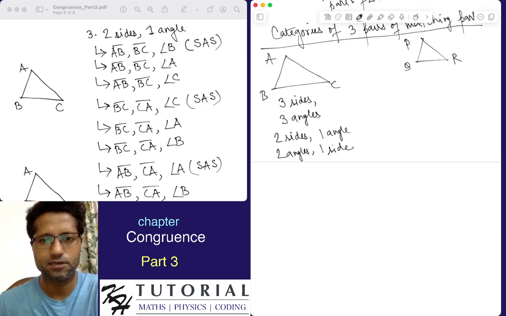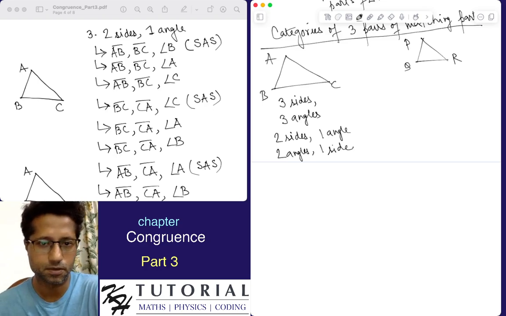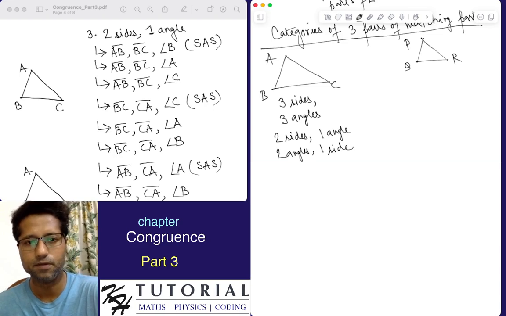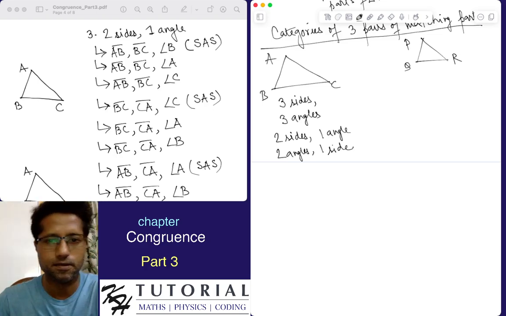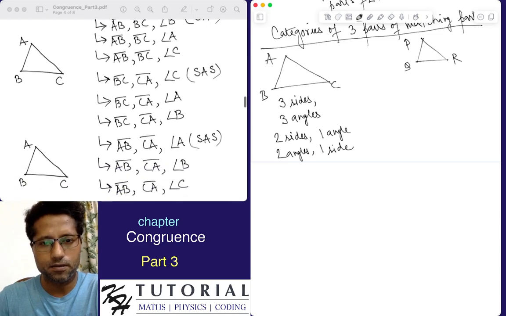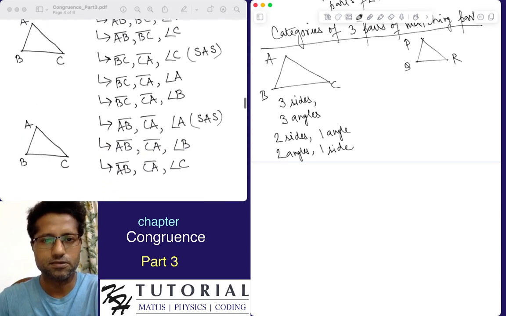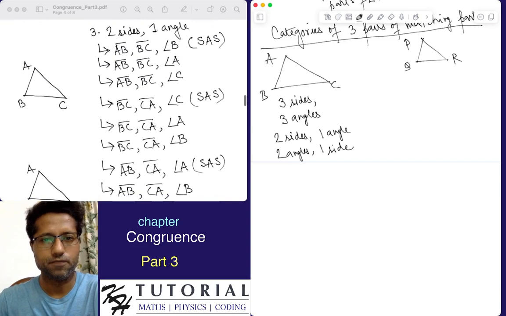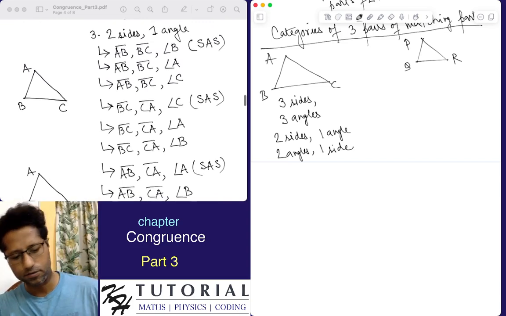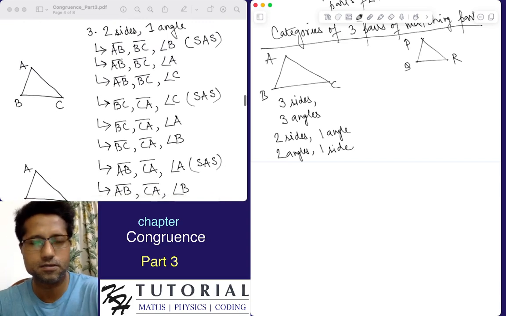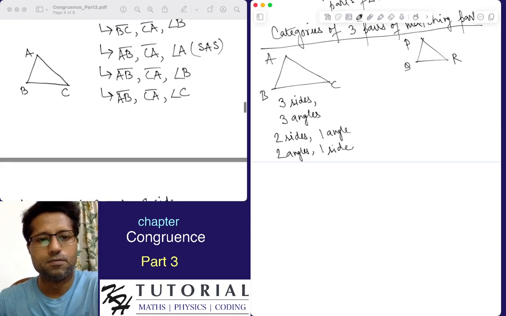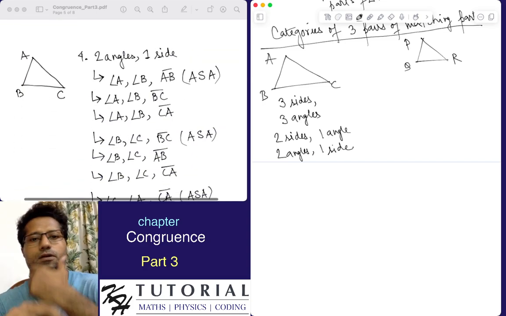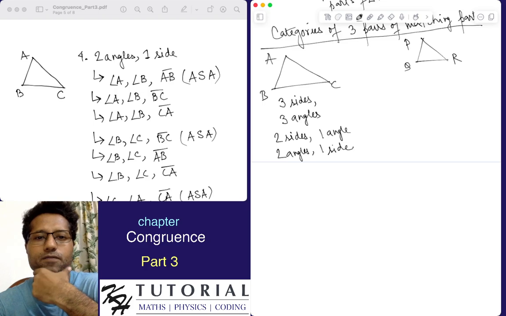If I choose the angle C, it is of particular importance because angle C is the included angle between side BC and side AC. So there are many other possibilities, as you can see in the notes, if in the selected three matching parts, two are sides and one is an angle. Similarly, in the three matching parts, two can be angles and one can be a side.